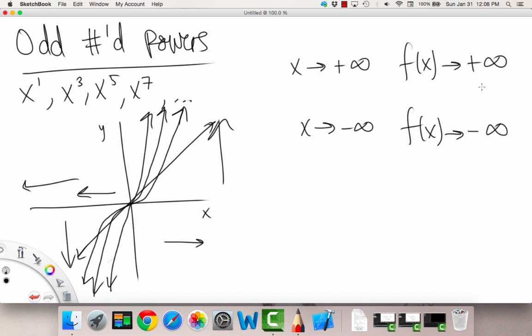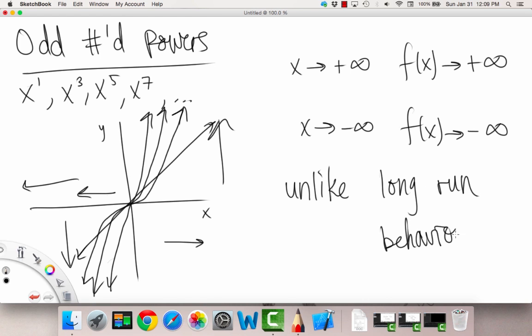So this one's different, because we have unlike, or opposite, long run behavior on either side. It's not the same as x goes to positive versus negative infinity.